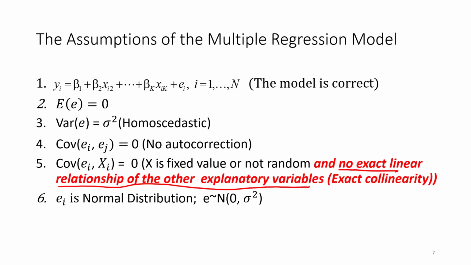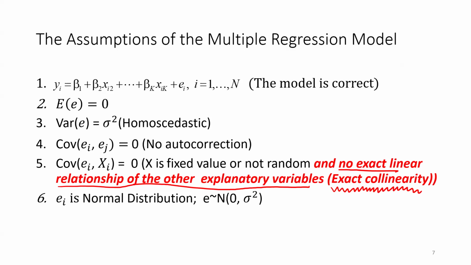The technical term is exact collinearity. This red text is what differs between simple and multiple regression, because we allow more than one X here.